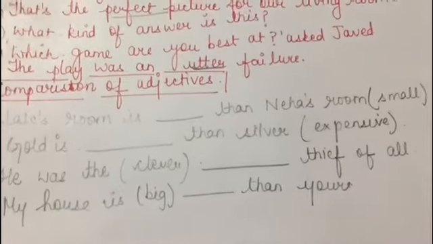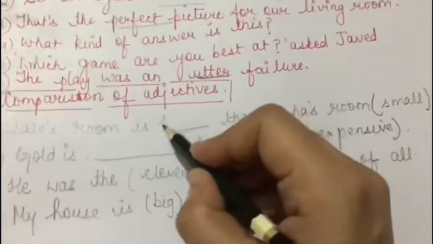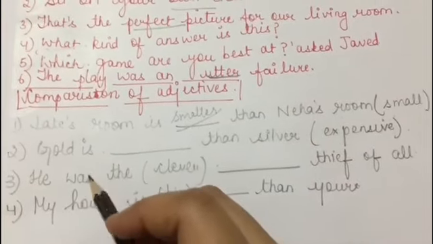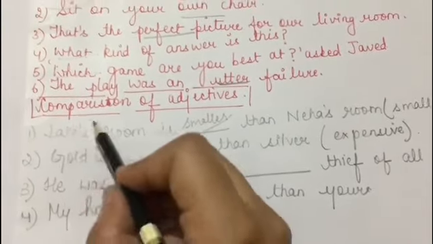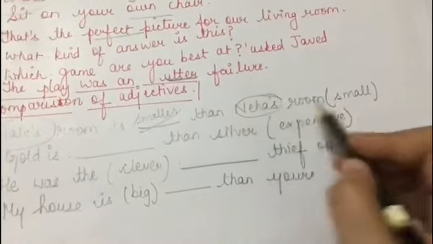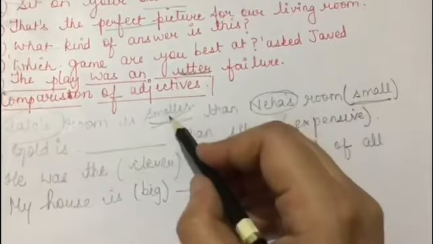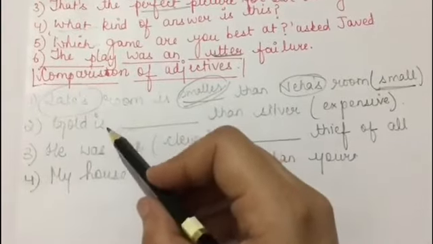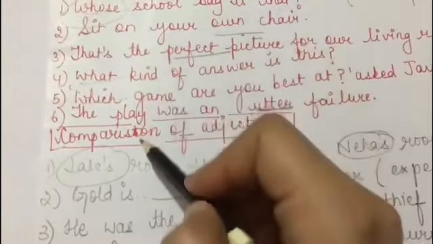The answer over here will be smaller. Why? Because there is a comparison between two, that is, Jake and Neha. Small was given over here and you have written the comparative degree of the adjective, that is, smaller. In the same way, you have to complete these 3 sentences over here and these 5 sentences over here.